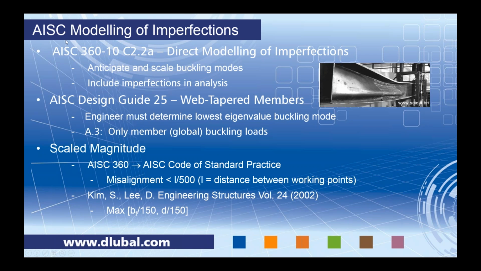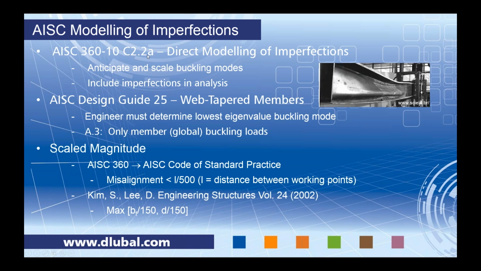The code in AISC 360 Chapter C, the direct analysis method, tells us that we have to account for imperfections. Now, a lot of engineers will account for imperfections with notional loads. This is fine maybe on more of a global level, but for us, we're doing a finite element analysis of a connection, so notional loads might not be completely applicable.